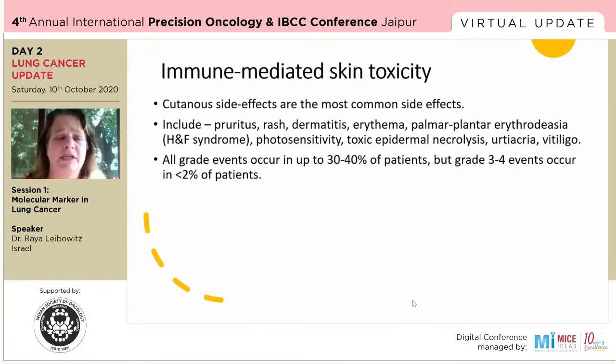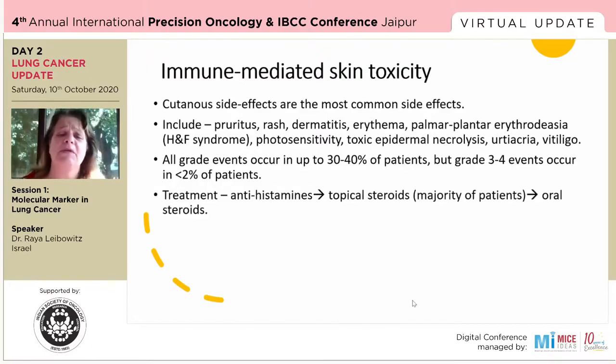Really, most of the events are low grade, things that can be managed, but there are grade 3 to 4 events. They are very rare. The treatment starts with antihistamine, but then we can move on to topical steroids, and then in some patients, we cannot go without oral steroids, which is a little different than regular dermatology.